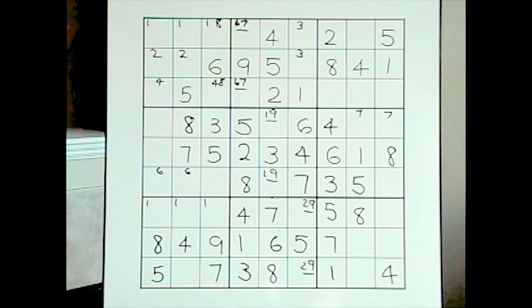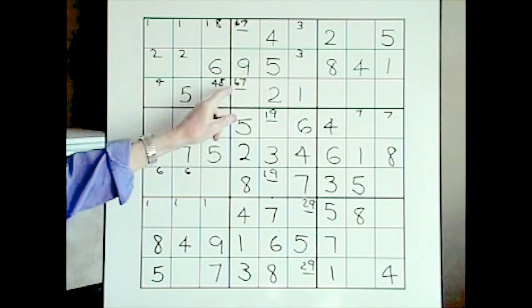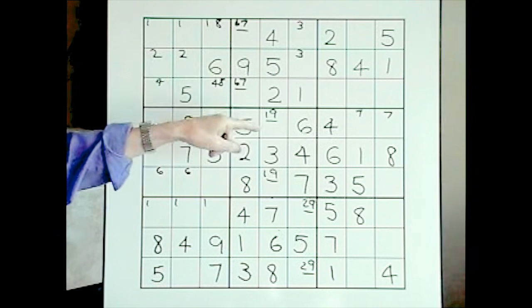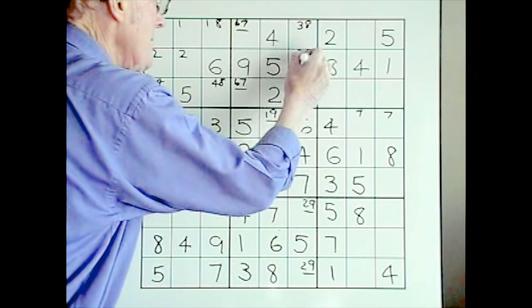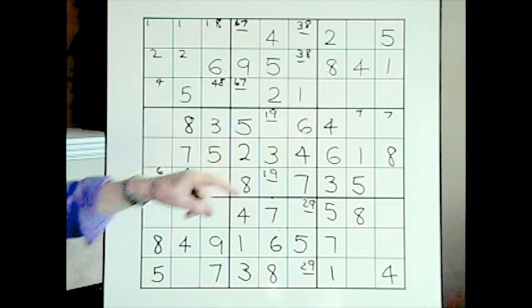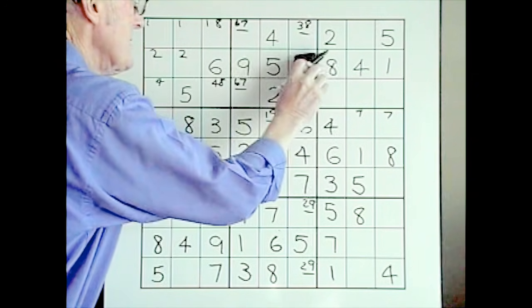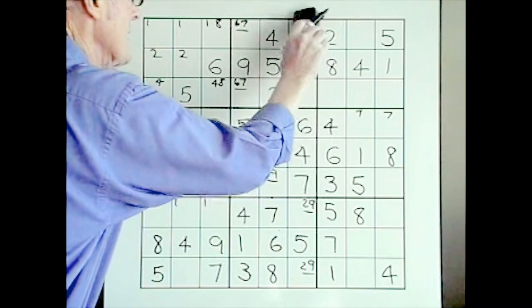We'll go through it. 1, 2, 3, 4, 5, 6, 7, 8. 8 is missing. So watch what happens. Matching pair 3, 8. Now, we have an 8 here. So we immediately, because we knew that little technique, know that that becomes a 3 and this becomes an 8.